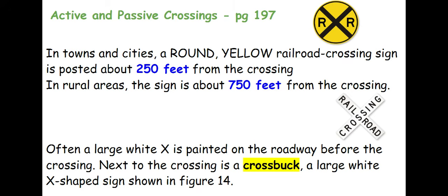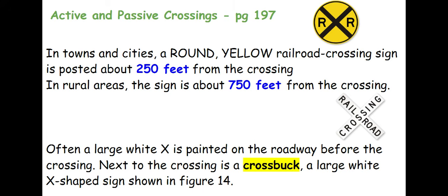So how do you identify if you're at a railroad crossing? The first thing, you're going to see that round yellow sign that has the cross box and the two R's. In residential street areas, it's usually 250 feet from that railroad crossing. And in rural country settings, it's going to be 750 feet from the crossing.